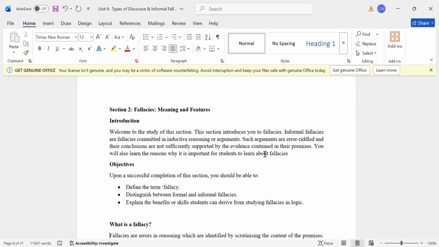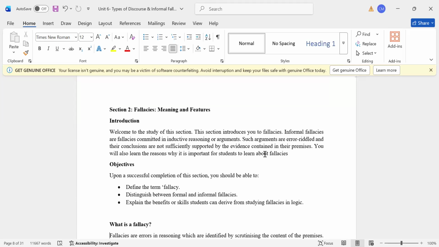Informal fallacies are fallacies we commit when we make arguments based on experiences, based on our everyday lifestyle. When we are making an argument based on our experiences, and then we commit an error in the argument, it is called an informal fallacy.